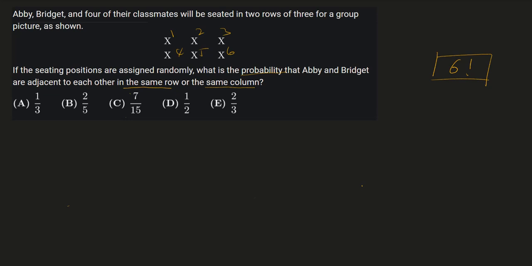Because if the 6 students were to stand in a row, then as long as the numbers of the 2 students are adjacent, for example 2 and 3 or 5 and 6, they're together. But in this scenario, because they are sitting in 2 rows, their numbers being adjacent doesn't necessarily mean they are sitting together. For example, 3 and 4 are not together.